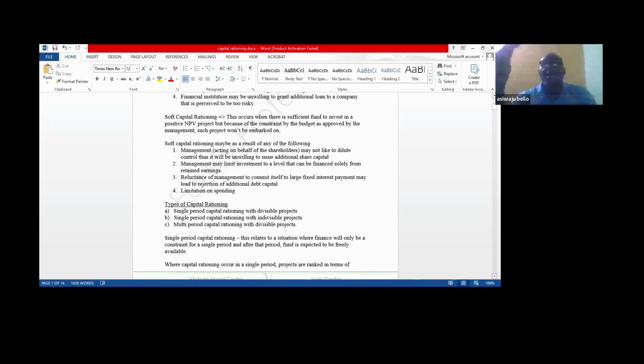In budgets, there's going to be approved budgets for capital spending. That approved budgets has created a soft capital rationing.